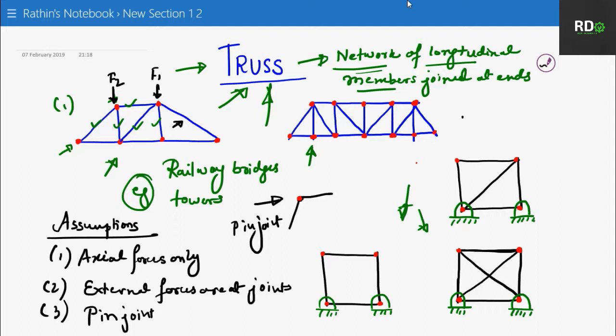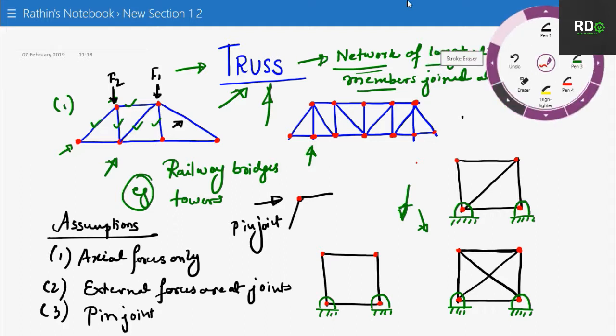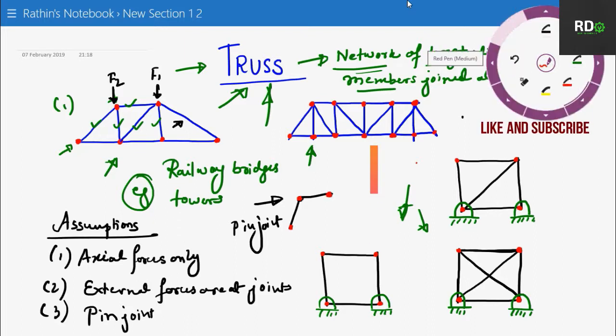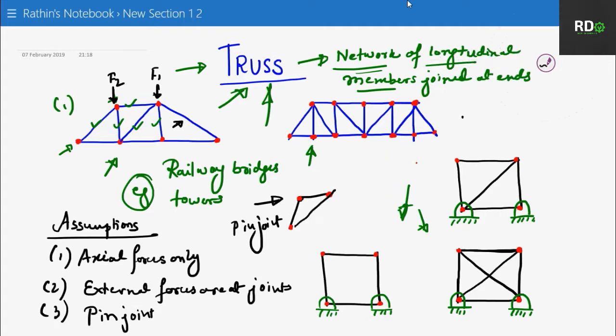But what if we continue and make a frame? Can it move then? And what if we continue this way?